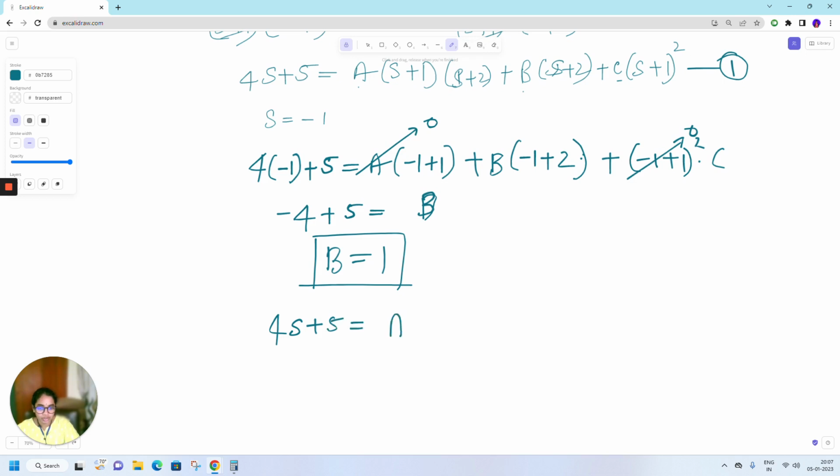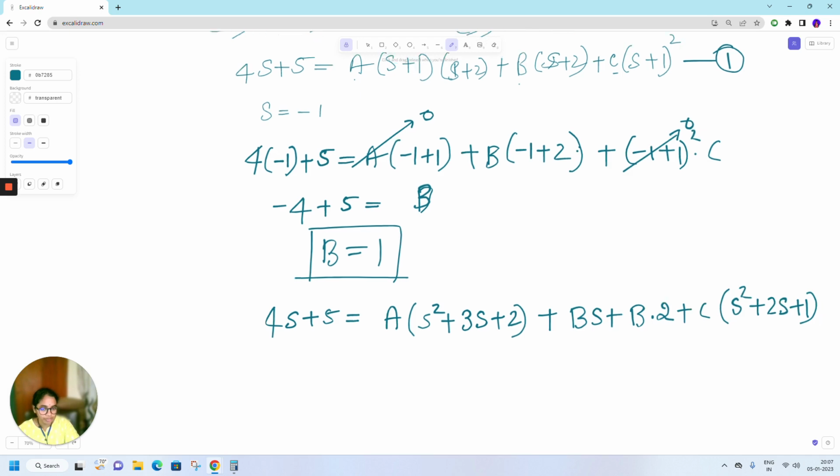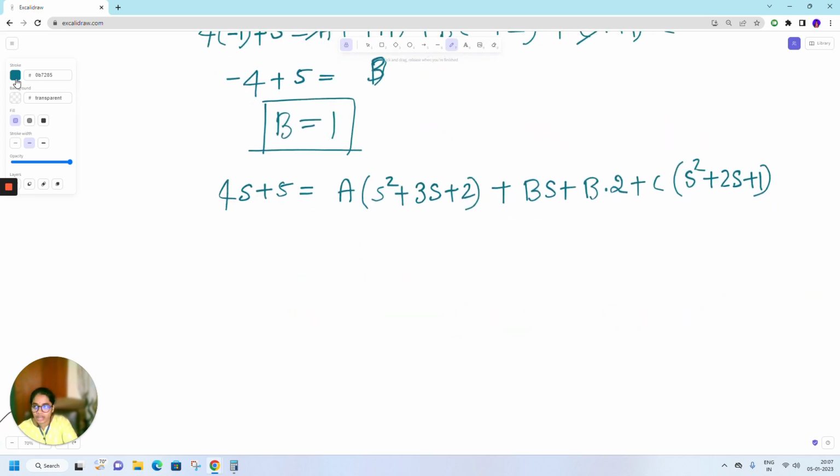So this would be a into s square plus 2s plus 1, right? So that would be 3s plus 2, plus bs plus b into 2, plus c into a plus b whole square, s square plus 2s plus 1. What I'll do is equate coefficients.